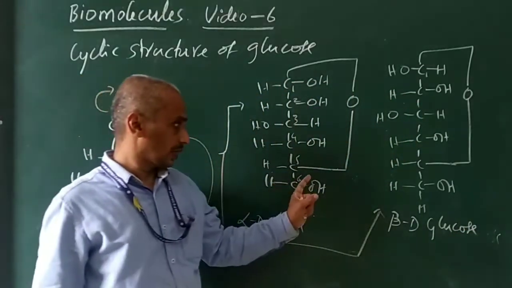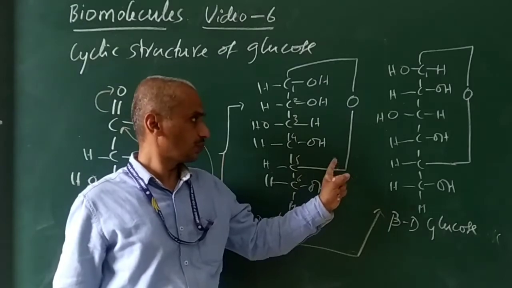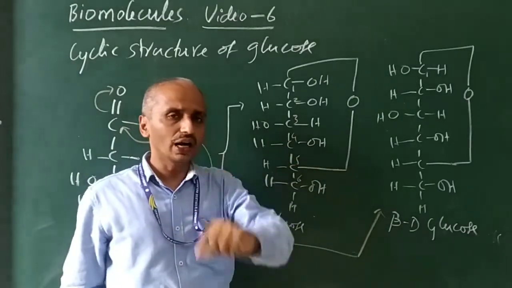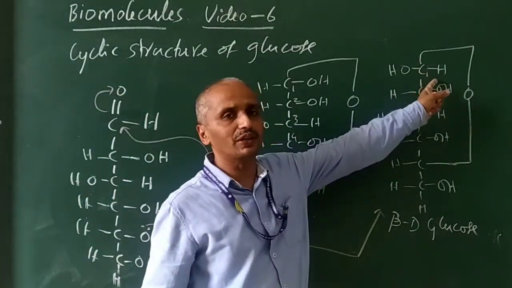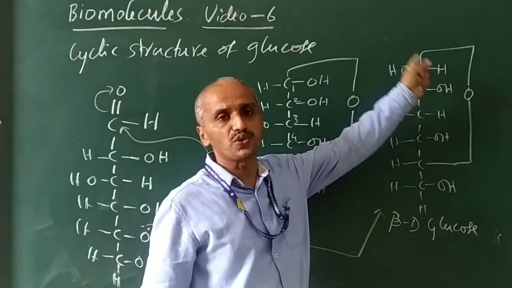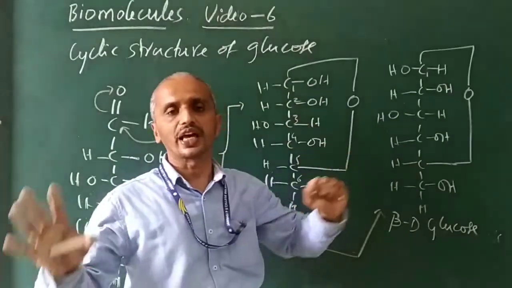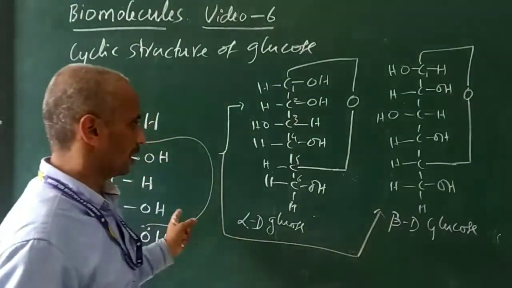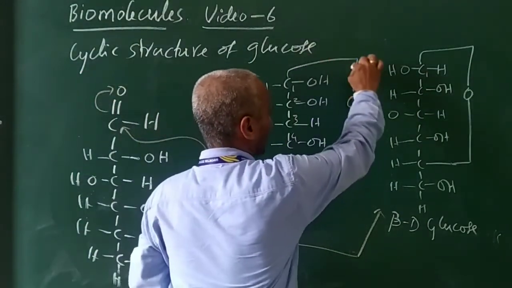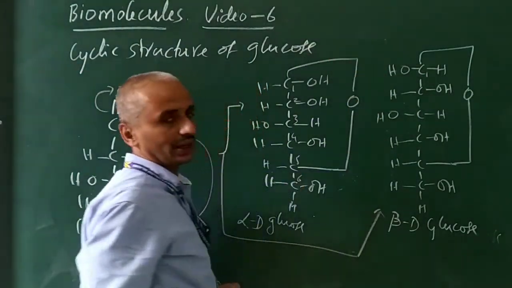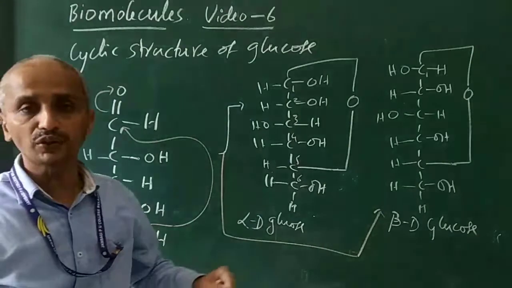See, there is no change in that fifth carbon. So it is alpha D and beta D. Only in the first carbon there is a different arrangement of the OH. Cyclic structures, alpha and beta D, and this is called the hemiacetal ring.